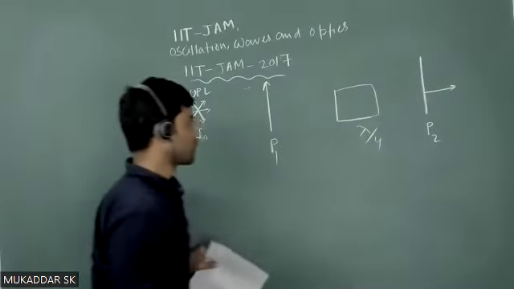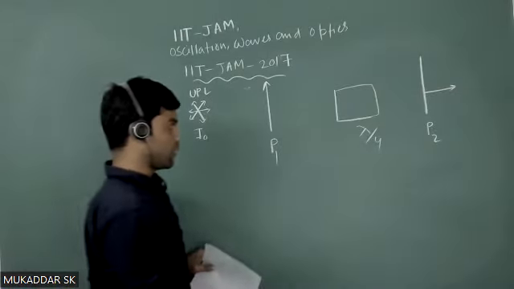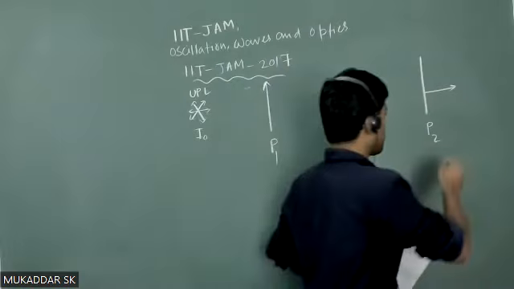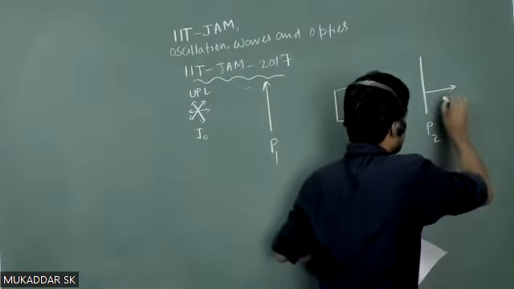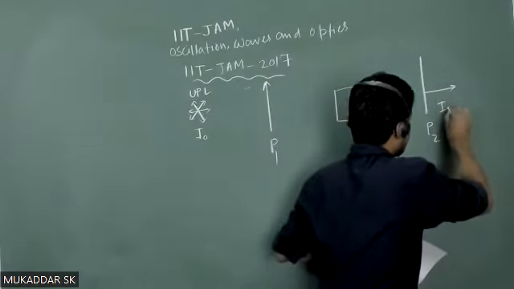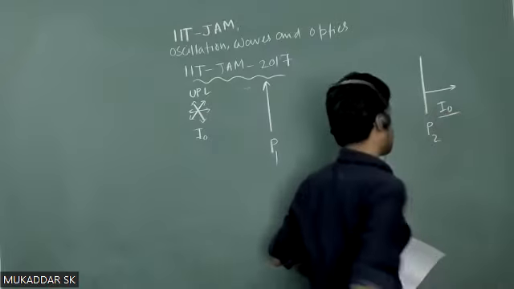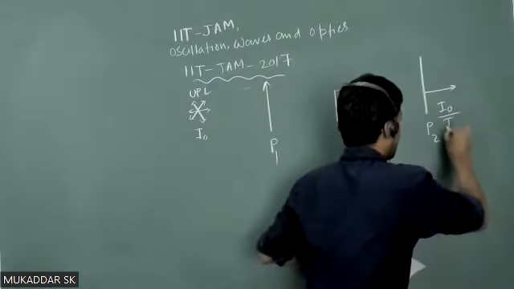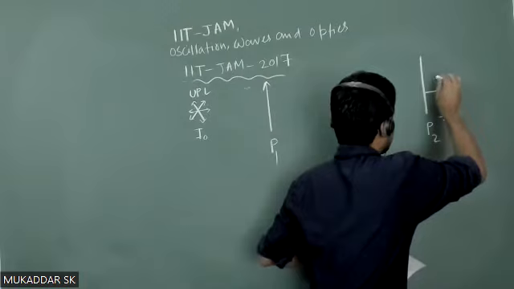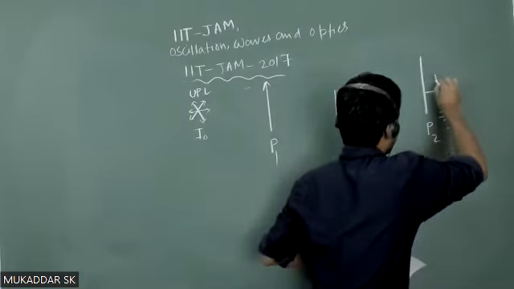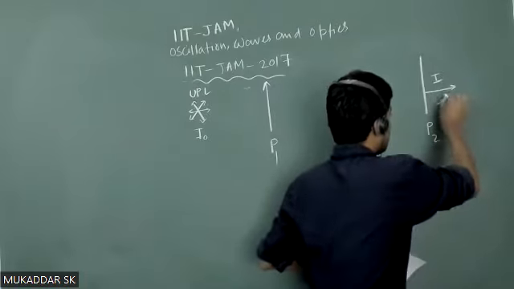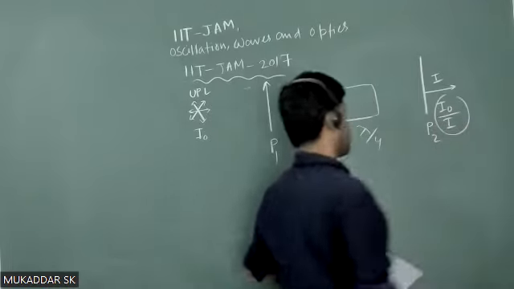You have to calculate the ratio of I naught, the incident light intensity, divided by I. I is the light that is emerging from P2.